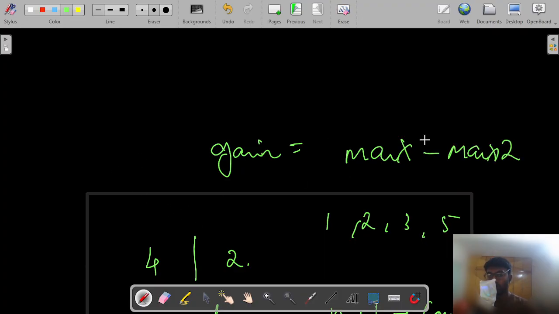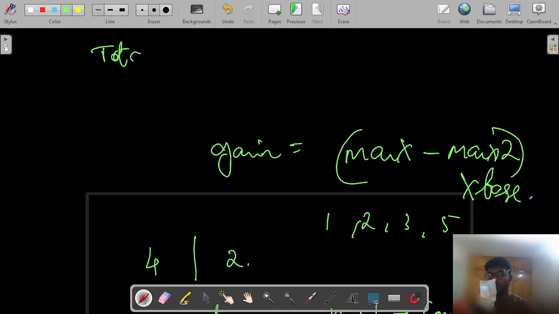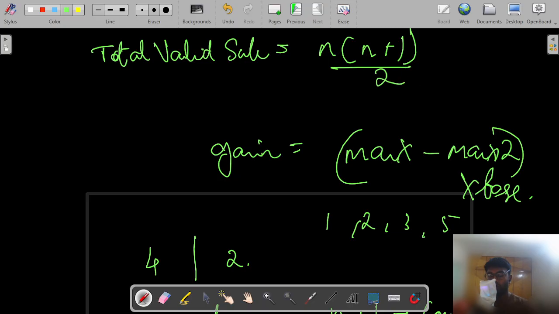So into base, right? If you take a pause and think through how we are coming up even with the total valid pairs, we said that we had this formula n into n plus 1 by 2.